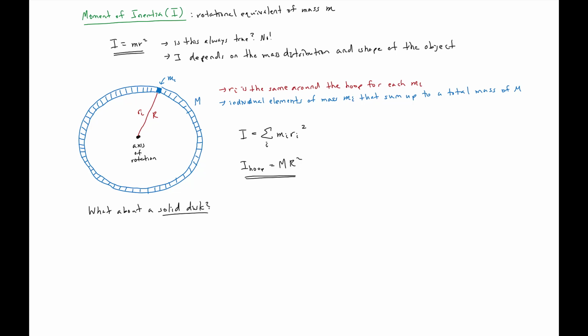If we had a solid disk here, you could have an outer hoop, but you also have to remember, if we have a solid disk, there would also be additional hoops inside the hoops so that it can form something that's solid.